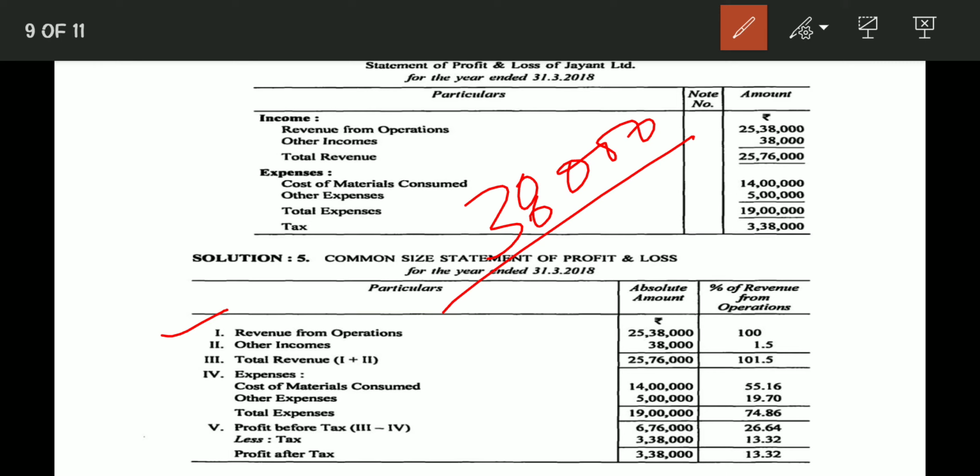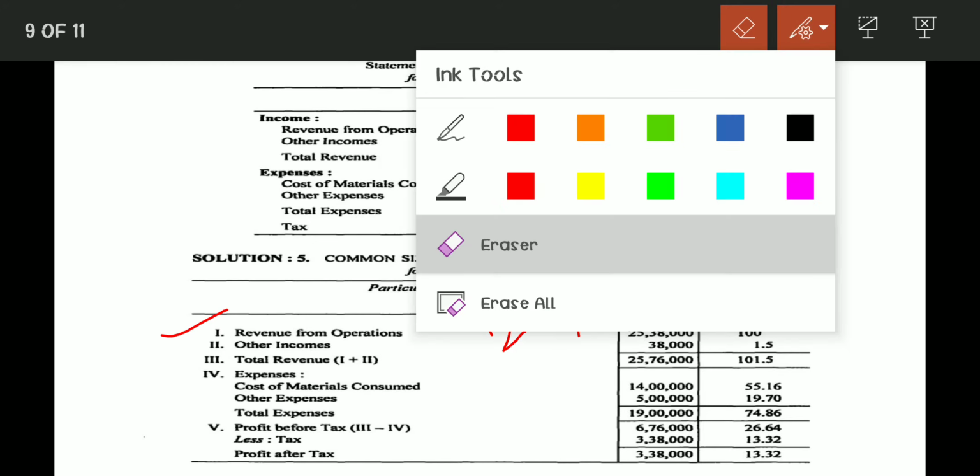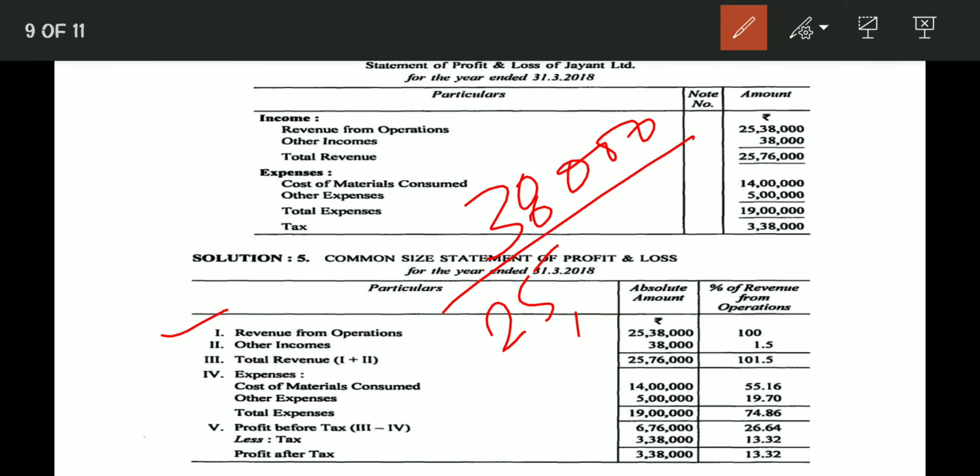So 38,000 is divided by 25 lakh 76,000, into 100.